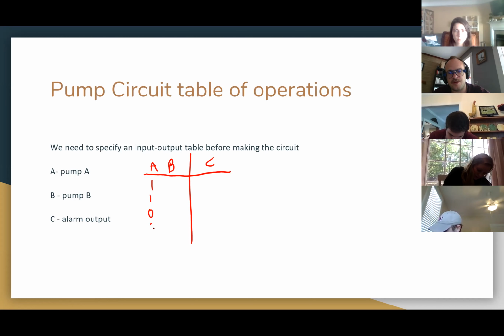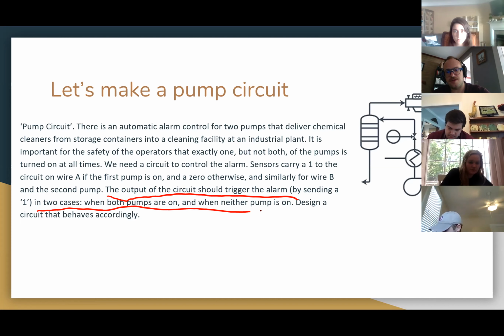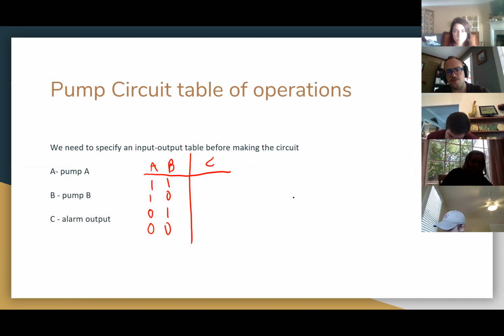So you make a table of operations, which is exactly like a truth table, except it's composed of bits instead of truth values. And then we look at what the input-output operation should be. The description along the bottom says the output of the circuit should trigger the alarm in 2 cases, when both pumps are on and when neither pump is on, which means it should be a 1 in the top case, when both A and B are 1, and then a 1 in the bottom case, when both of them are off.